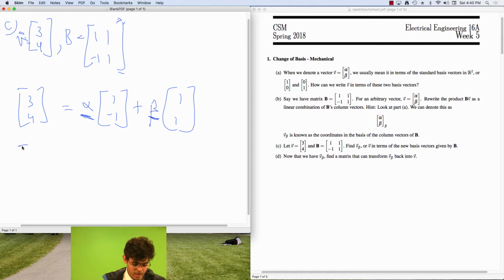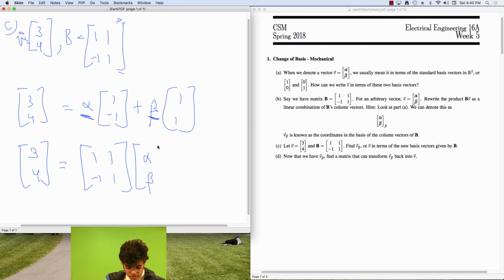But that can be just written as, the right-hand side, as we saw in part B, can be just written as B times the vector alpha beta.